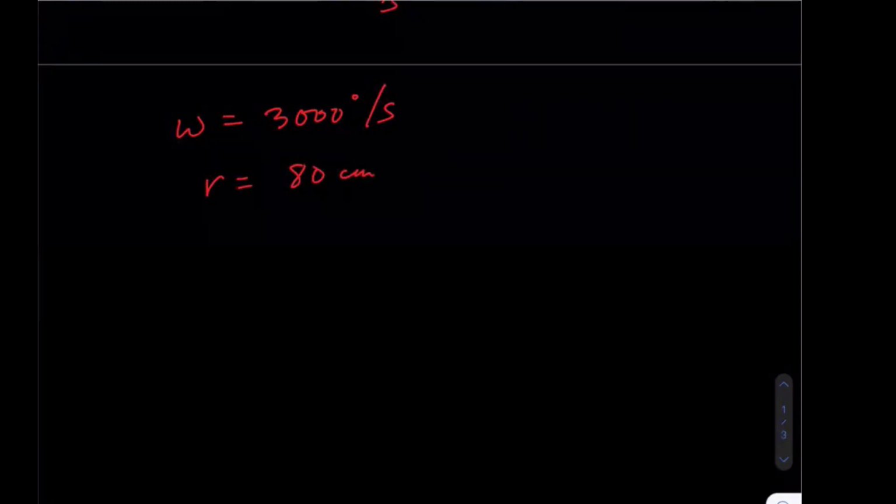So the question here is, what is the bat speed at ball impact, given that the angular velocity is 3,000 degrees per second, and the radius, which is the distance between the batter's long axis of rotation and the sweet spot of the bat, is 80 centimeters, or 0.80 meters.